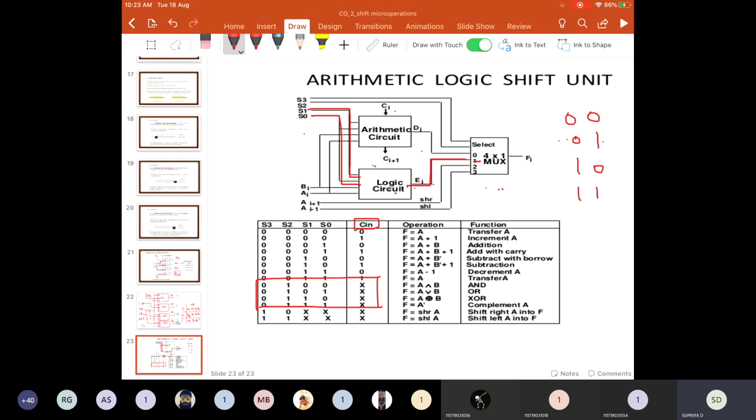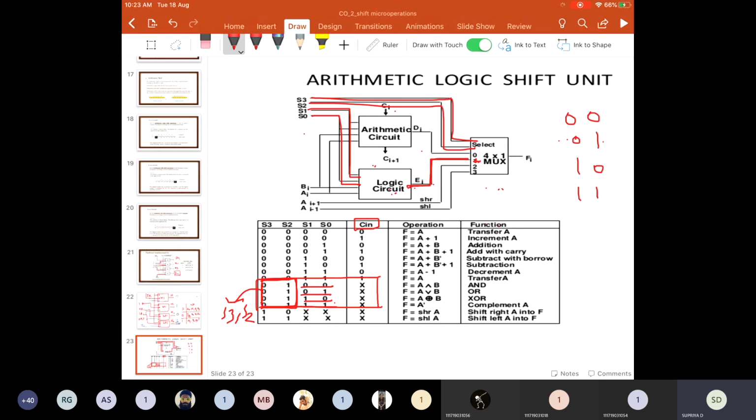And when it is 0 1, it is common because this multiplexer one line is connected as the output of the logical circuit. For data select line 1 of S3 and S2 we are performing logical operations. So 0 1 is common for all the logical micro operations. These are the values of S3 and S2, and S1, S0 can be 0 0, 0 1, 1 0, 1 1.